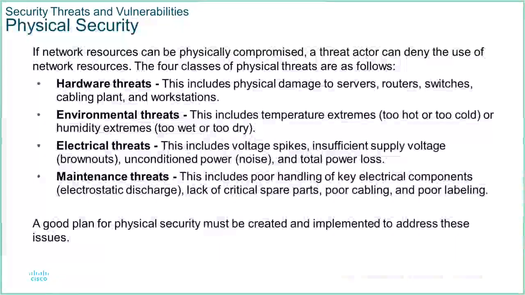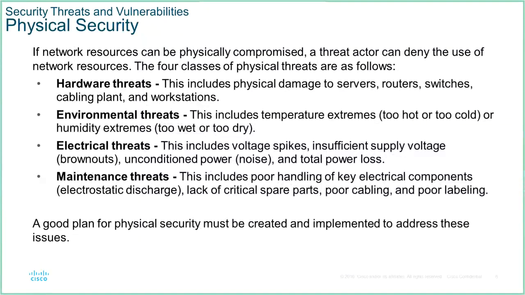Okay, so physical security. These are threats to the actual physical hardware, your routers, your switches, servers, workstations, anything somebody can lay their hands on is open to threats, physical threats. Okay. Environmental threats are things like equipment closets and that not being cooled, so they get too hot, or the humidity, in other words, the moisture in the air gets too high and damage the equipment via those extremes.